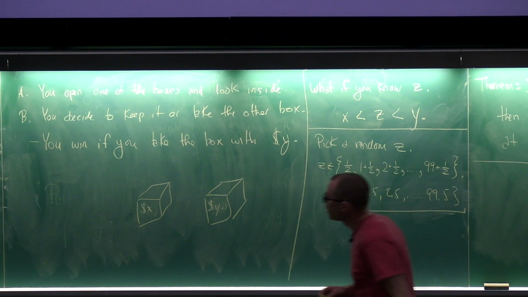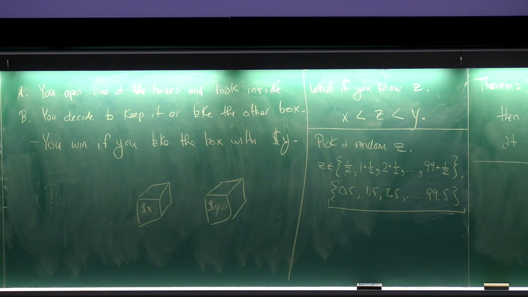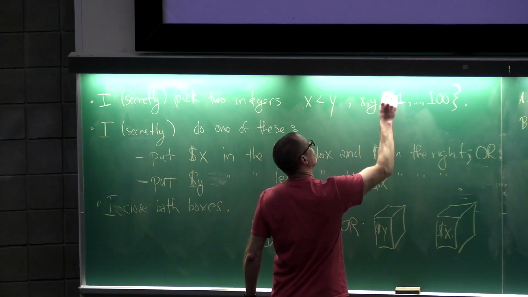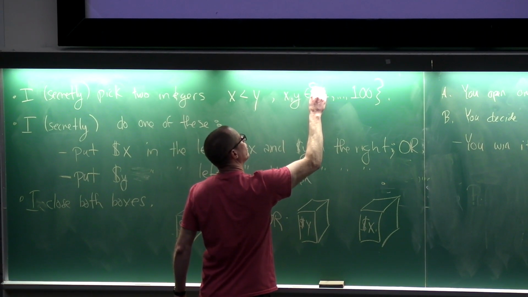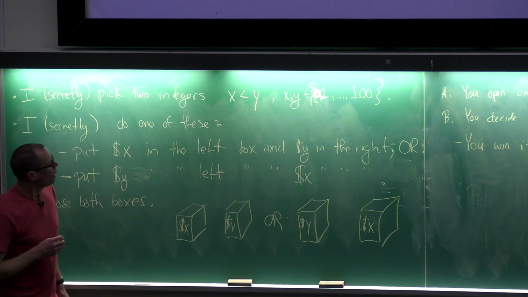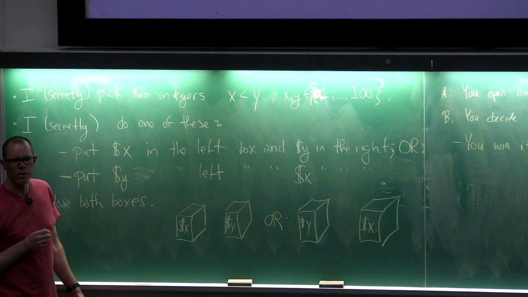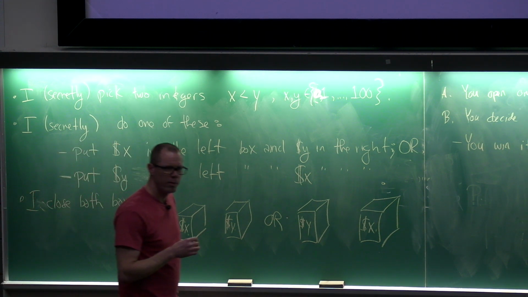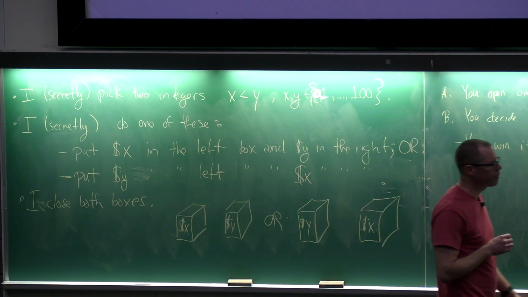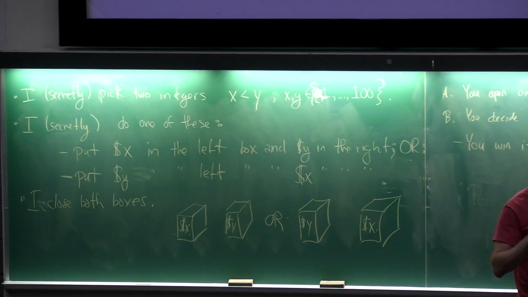Oh, no, I did make a mistake in the definition. It's worse than you imagined. I could even put $0 in the box. So one of the boxes could have nothing in it, for example. The X box could have nothing in it. Good catch.